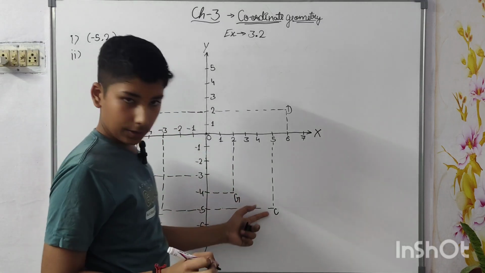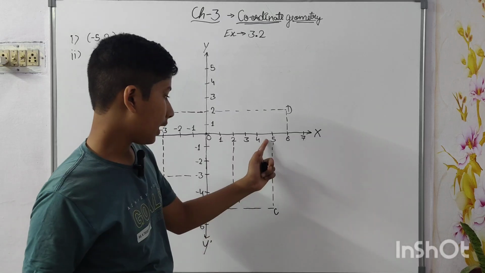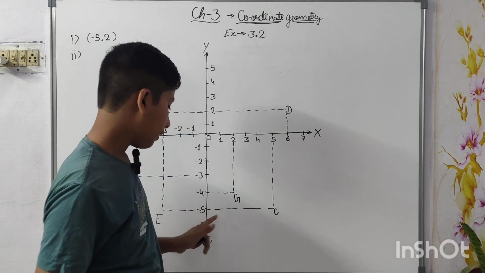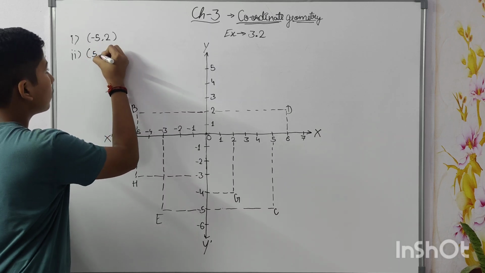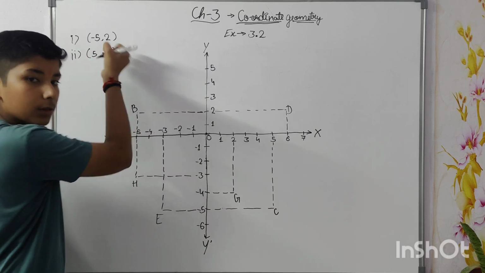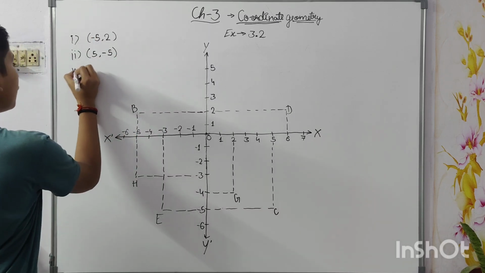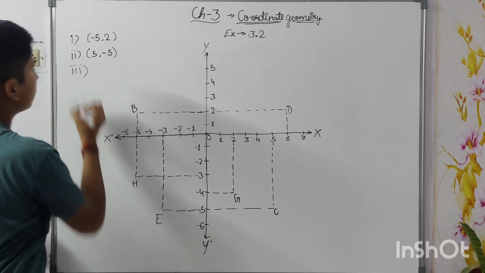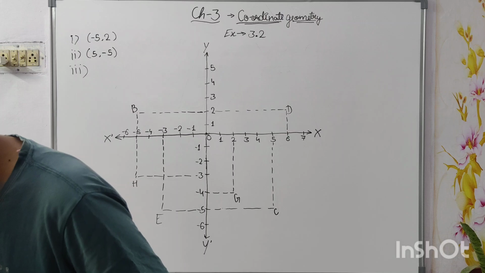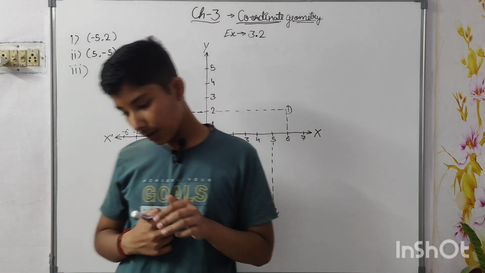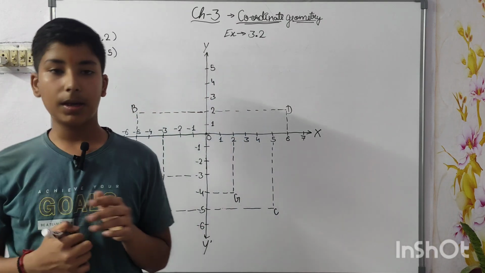And the coordinates of C will come here. Firstly x is 5 and y is -5. So 5, -5. Okay. Now the third one. The point identified by the coordinates -3, -5.